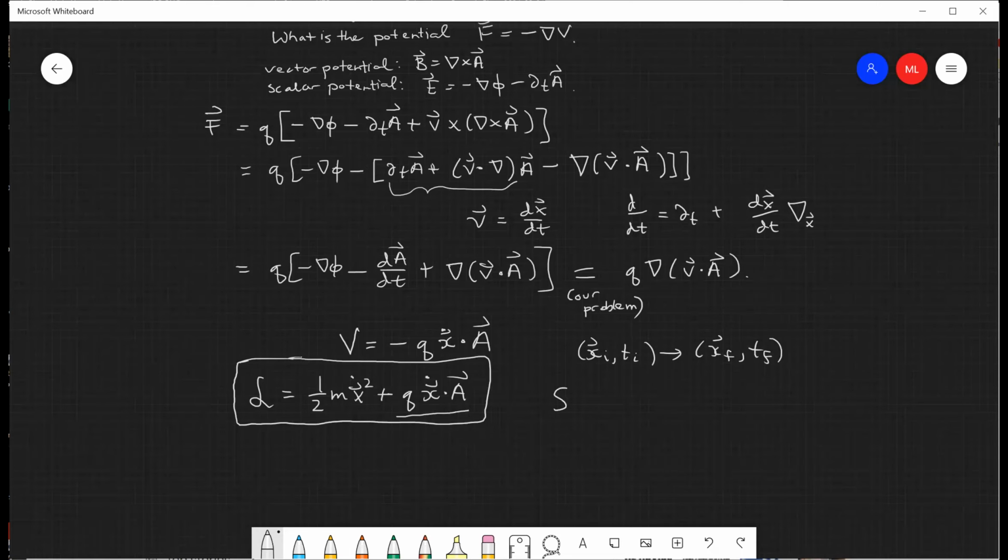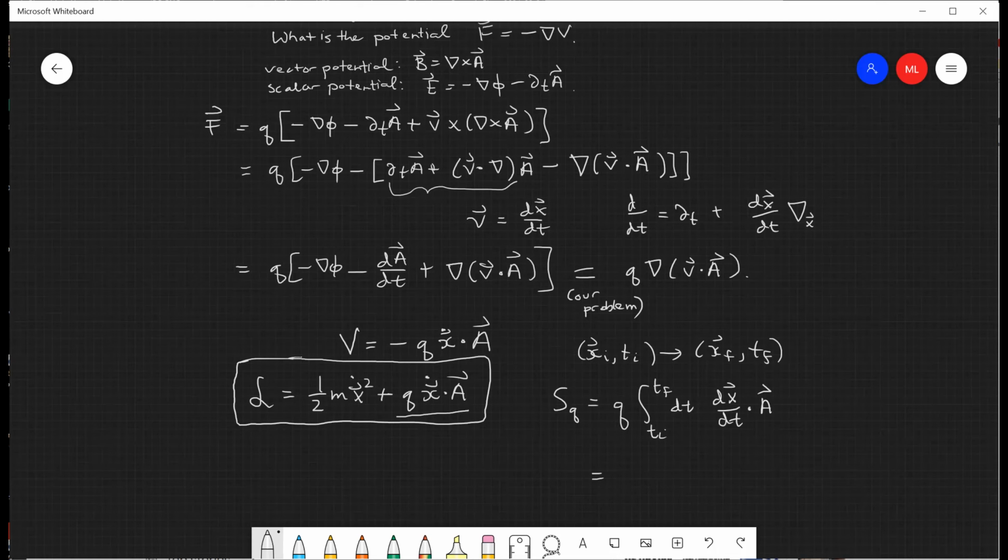The action due to the charge is going to be Q integral from Ti to Tf of this part of the Lagrangian, which is x dot, and again, it's an integral over time. x dot is dx/dt, dotted into A, right?